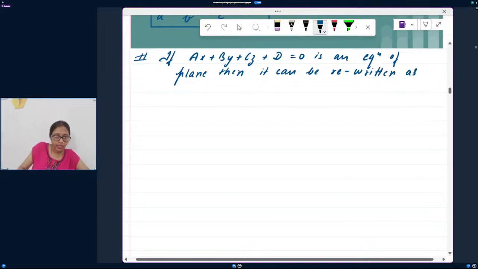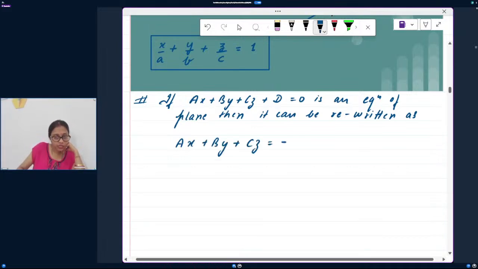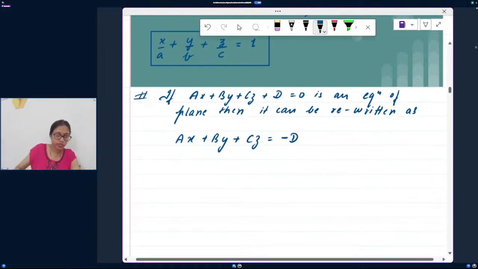Now I want to make this equation in the form of the intercept equation. So basically, I don't want a constant on the left, and I want the constant on the right hand side, and that to be 1. So how can I make that? ax plus by plus cz is equal to minus d. I have to divide all by minus d if I want 1 on the right hand side.